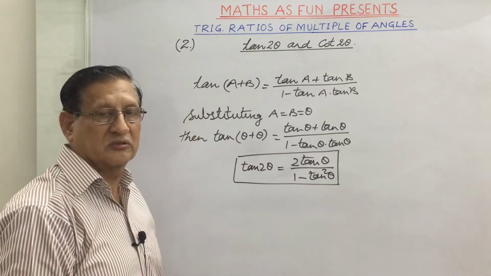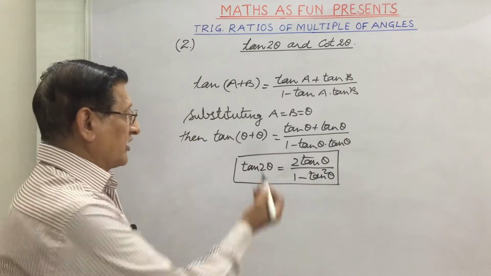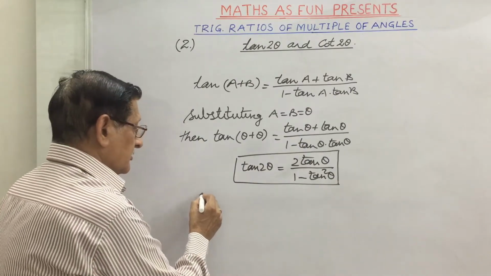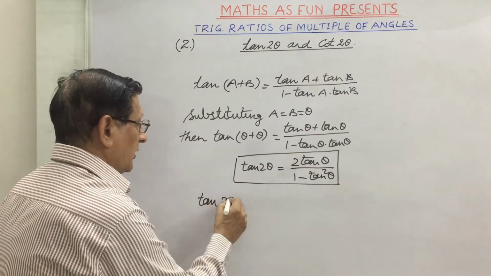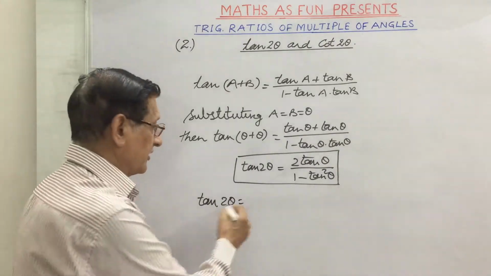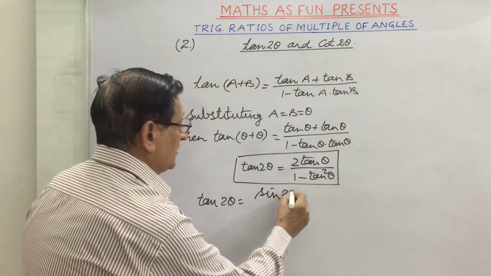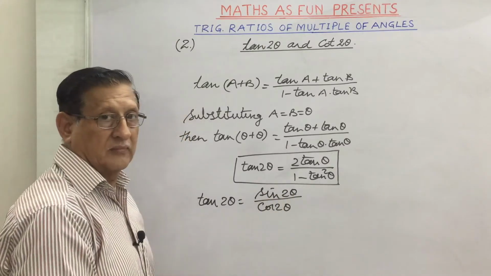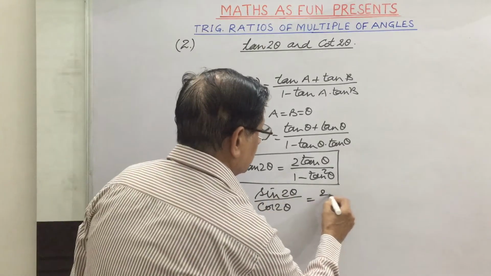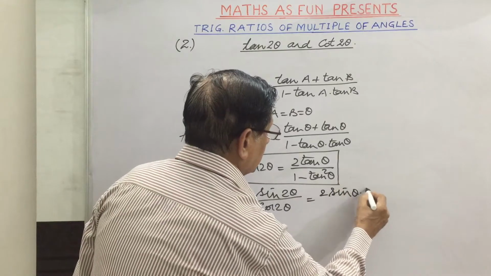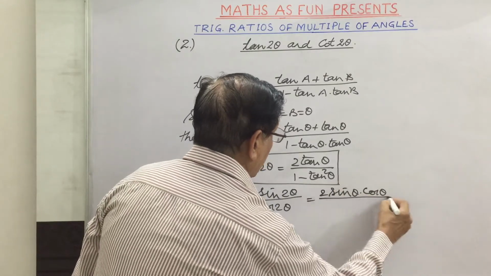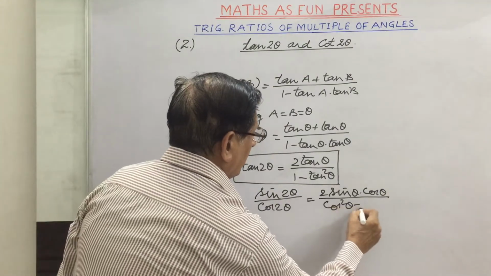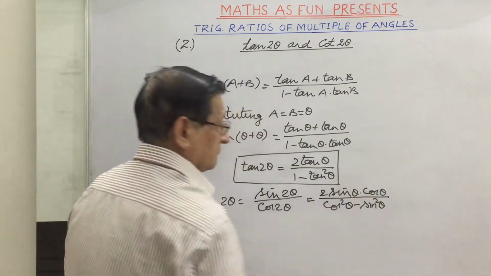We can also find the same formula by using sine 2 theta upon cos 2 theta. If we write tan 2 theta is equal to sine 2 theta upon cos 2 theta, we know the formula of sine 2 theta, that is 2 sine theta into cos theta, upon cos square theta minus sine square theta.